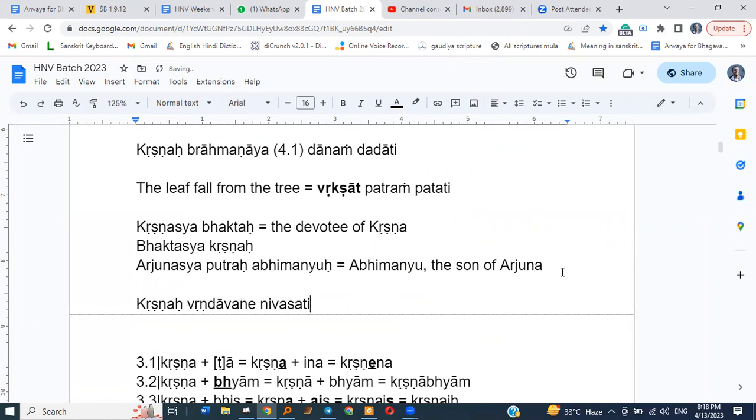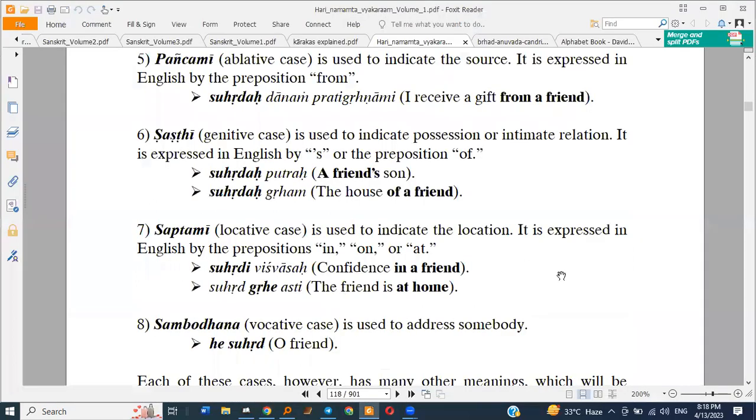Krishna lives in Vrindavan. In Vrindavan. So Vrindavana is a location. So that's why we use Vrindavane. Like we did Krishna seventh case, right? So Krishna Vrindavane Vasati, a location.